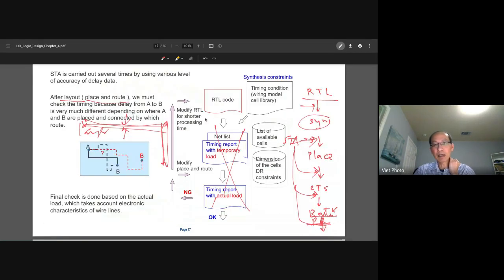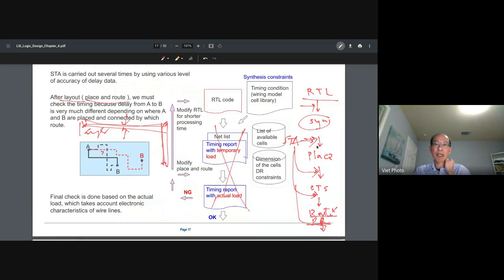So the accuracy increases from this to this to this because of missing data. At the first step you don't have the cell locations. Here you have them, but you don't have routing information or the clock latency. Here you have the clock, but you still don't have the routing data.